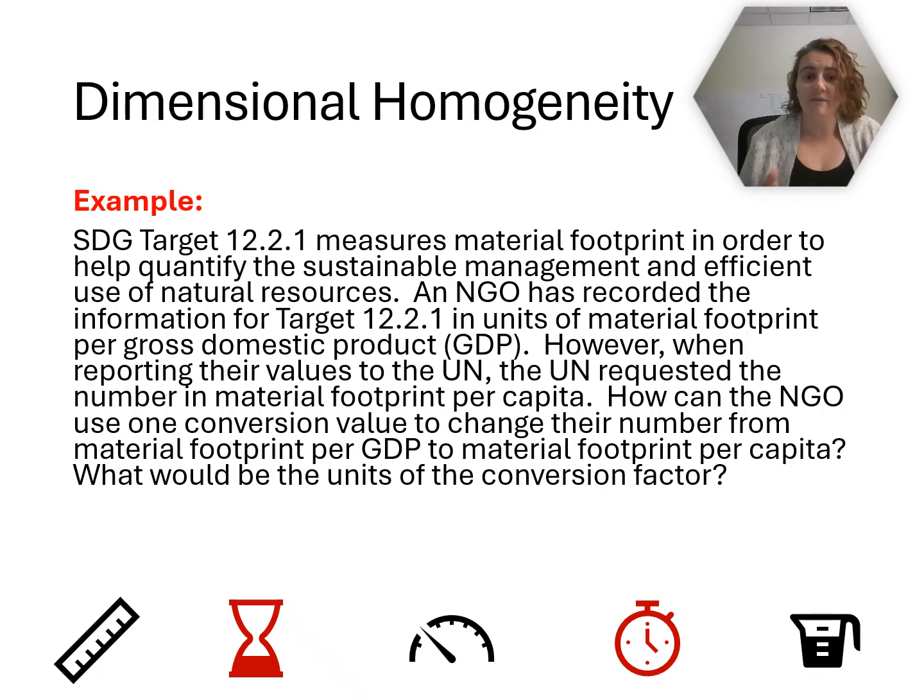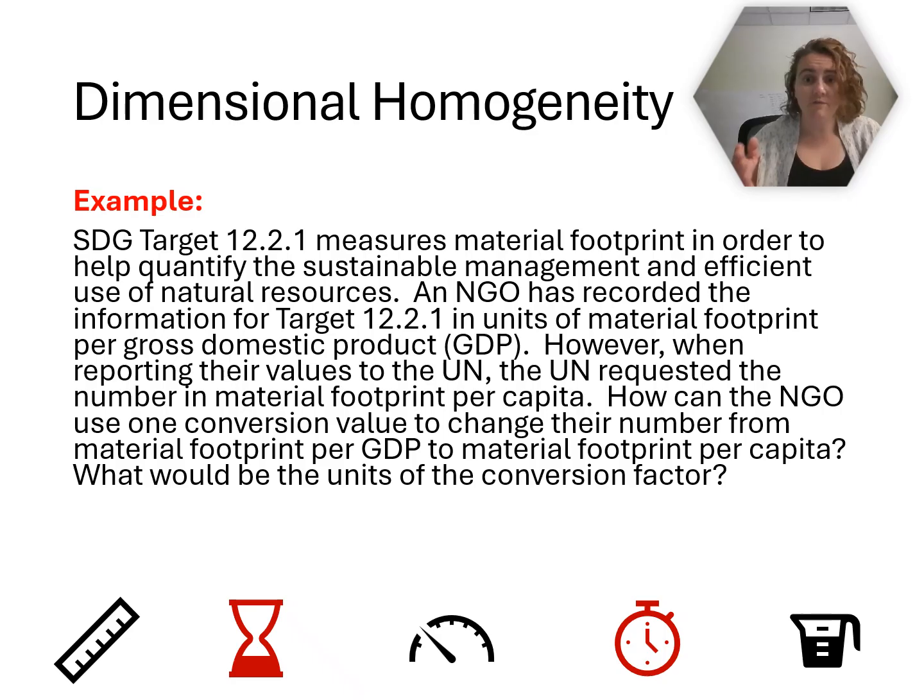However, when they're reporting their values to the UN, the United Nations, the UN requested the number in material footprint per capita. So how can the NGO use one conversion value to change the number and units they have to the units the UN is requesting?